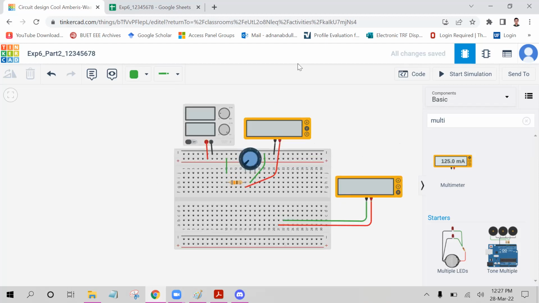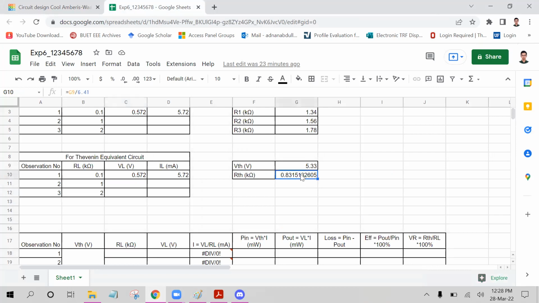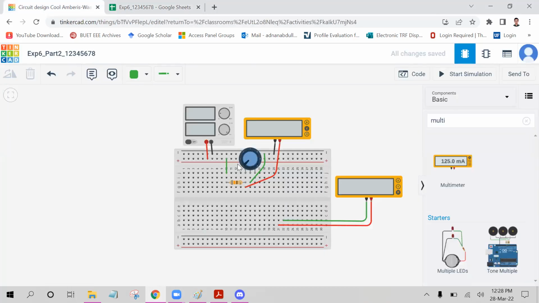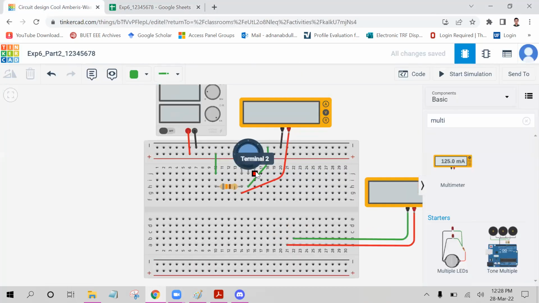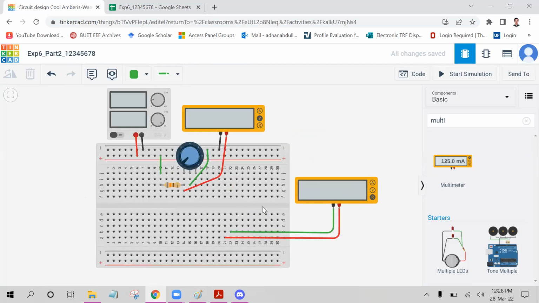So let's complete our first observation. My Thevenin was 0.83 kilo ohm. So I will try to take the RL around say 100 ohm, 0.1 kilo ohm. But do not write it first here, because in potentiometer you are not able to select any value you want.